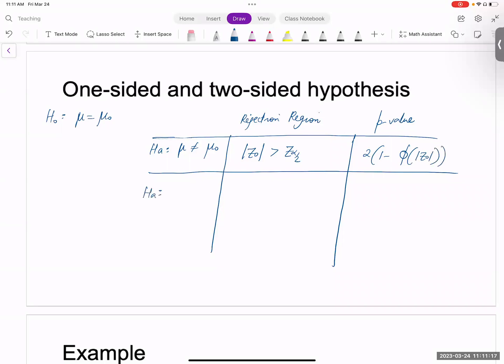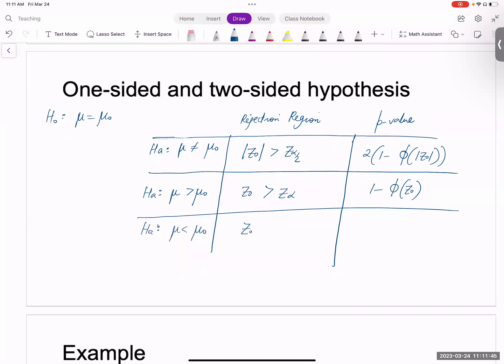Second case is when mu is greater than mu0. In this case, the rejection region is z0, not absolute value, z0 greater than z alpha. This is where you reject the null, and the p-value is 1 minus phi of z0. And then the last one is HA, mu is less than mu0.